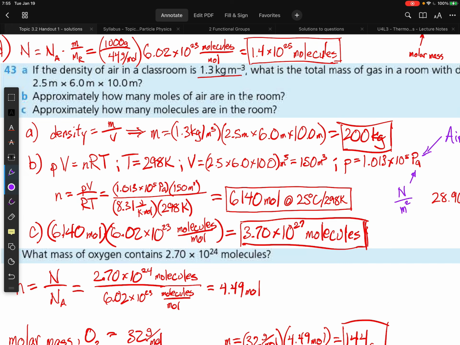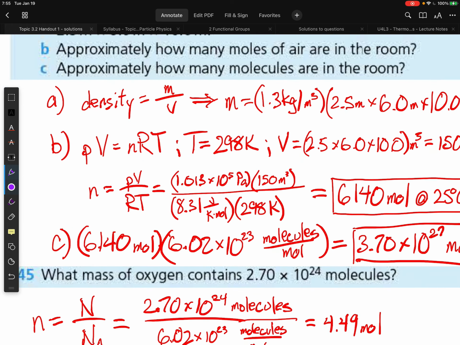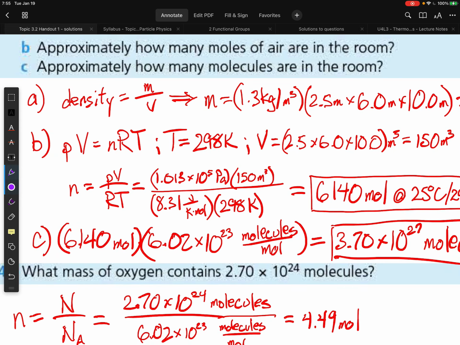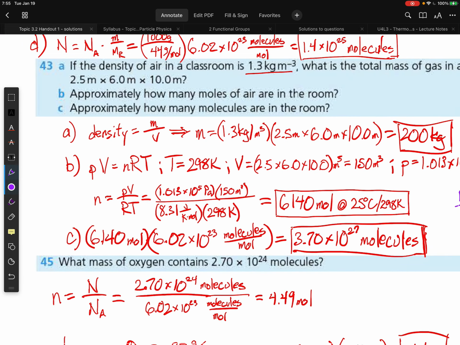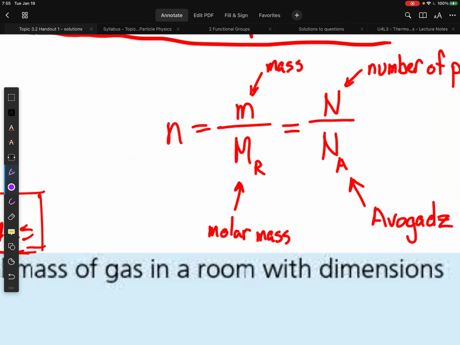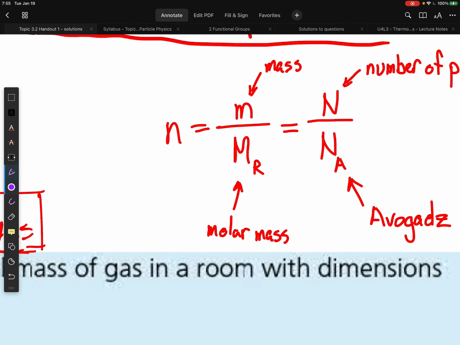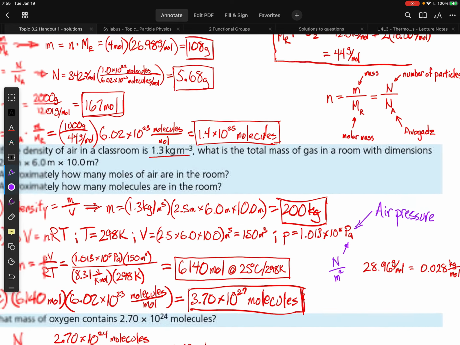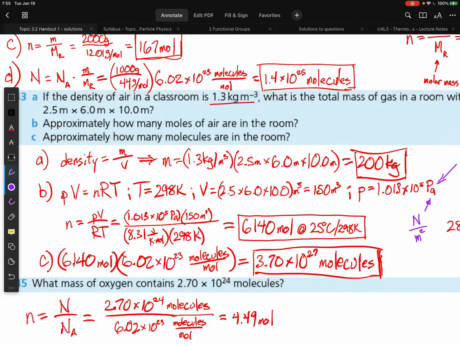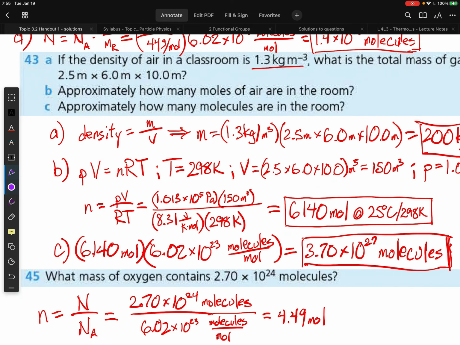Once we've calculated the number of moles, we simply multiply that value by Avogadro's number to determine the number of molecules. And again, you would get that formula by slightly rearranging this equation, where the number of molecules is simply equal to the number of moles times Avogadro's number.